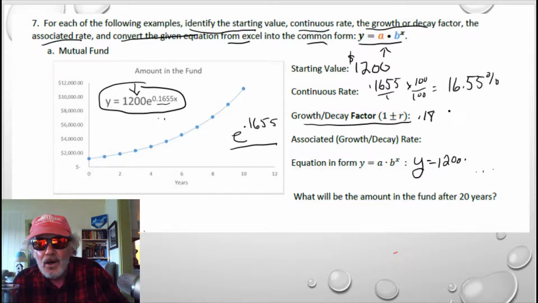And 1 plus r is going to be 1 plus 18 over 100, or 1.18. So that's our growth. Our growth rate is 18% when we're using the yearly form.